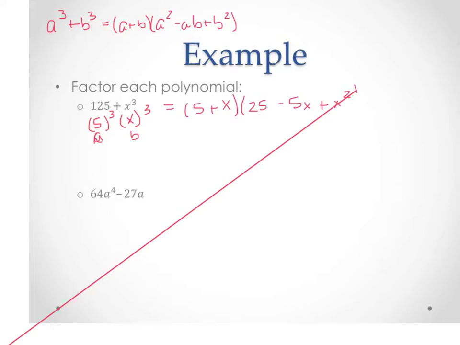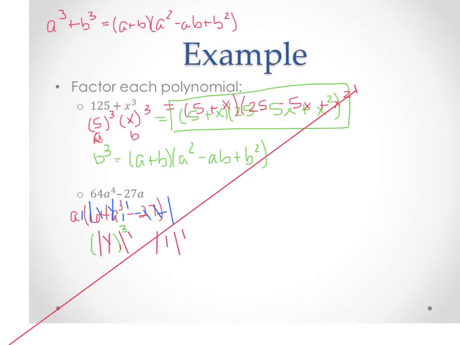For the other one, the first thing you should always look for is a greatest common factor, and it has one of a. So if we pull out the a, we're going to have 64a cubed minus 27. Because we have an a cubed, I want to see, is this something cubed, and is this something cubed? 3 cubed is 27, because 3 times 3 is 9, times 3 more is 27, and 4a cubed is 64a cubed.